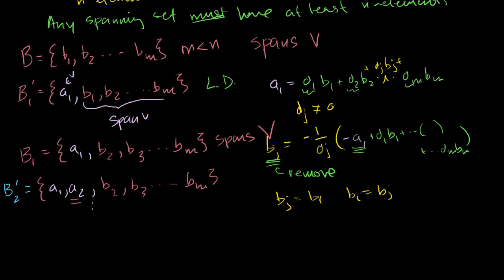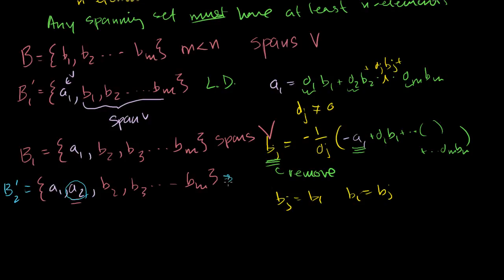But this is definitely linearly dependent. Remember, I didn't say in the beginning whether this was linearly dependent or not. It may or may not be. But when you add this other vector that's in V, you definitely know that you're linearly dependent, because these guys can construct that guy. Similarly, we know that this set B1 spans V. So when we add this new element here, we know that it can be written as a linear combination of the other ones.